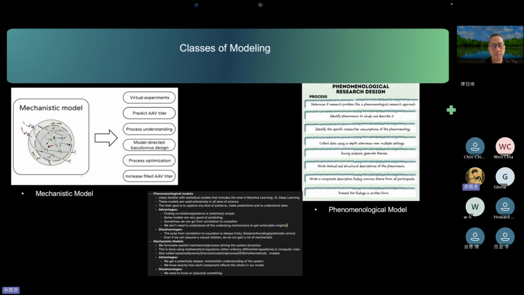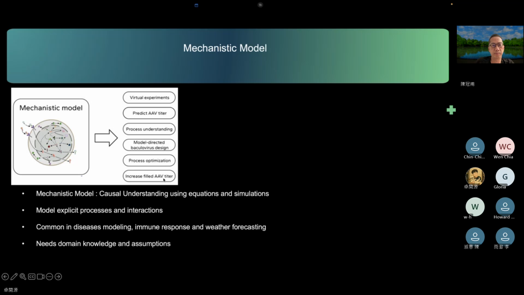But for mechanistic models, the goal is mainly to find the causal relationship between data or between systems. It explains how the system works and how each data can affect other data, unlike phenomenological models, which are more used to find patterns in data. So a mechanistic model is for causal understanding.